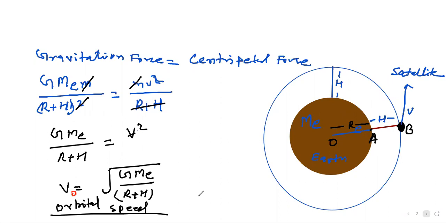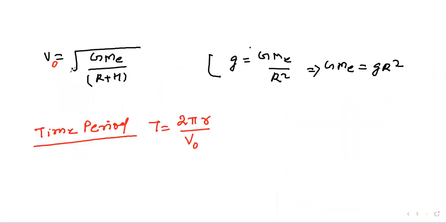Now, orbital speed is VO equal to root under GM upon R plus H, you know. But we know acceleration due to gravity is small g equal to G ME upon RE square. After cross multiplying, we get GM equal to g R square. From this, we can change the orbital speed.